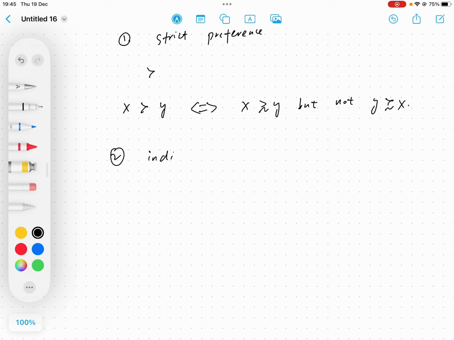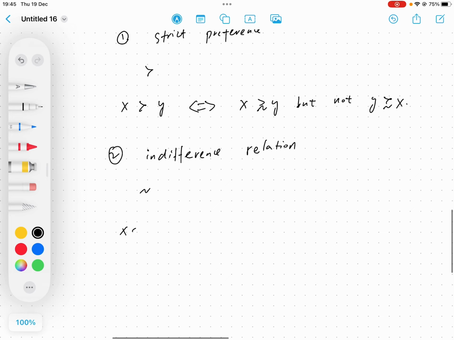Okay, and we also have this indifference relation. Okay, and that is written by this tilde notation. Okay, so when we're saying that x is indifferent to y, this means that x is weakly preferred to y, and at the same time y is weakly preferred to x.